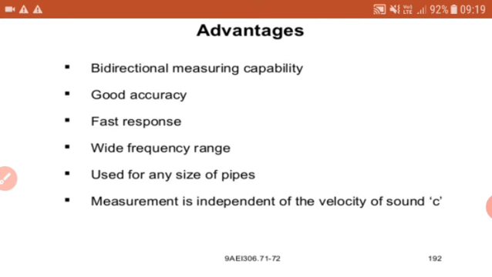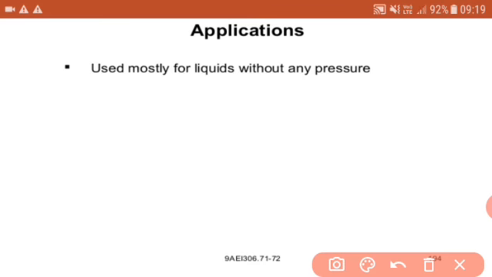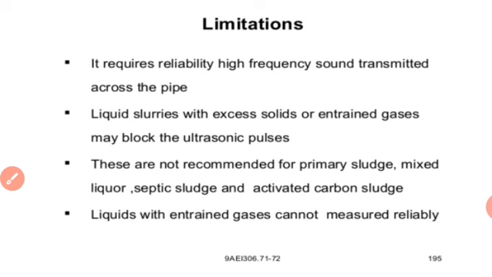So these are the advantages of the ultrasonic flow meter. Now applications: it is mostly used for liquids without any pressure, and this is the typical application.